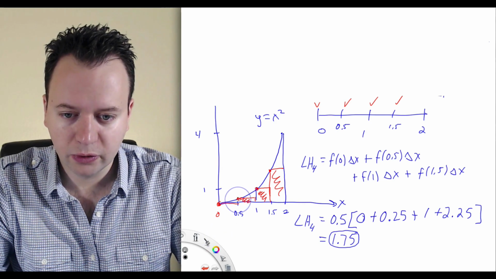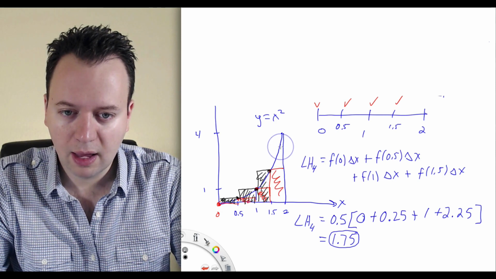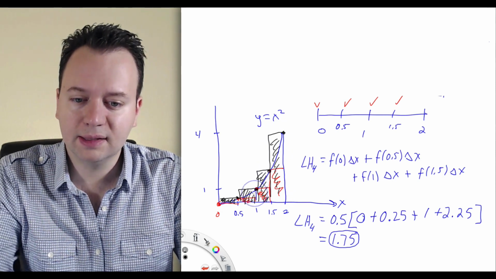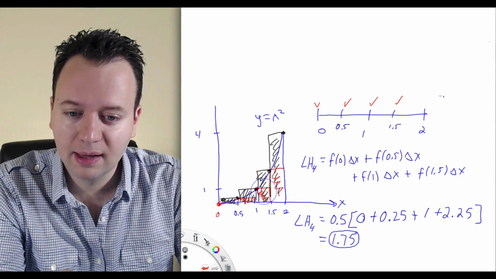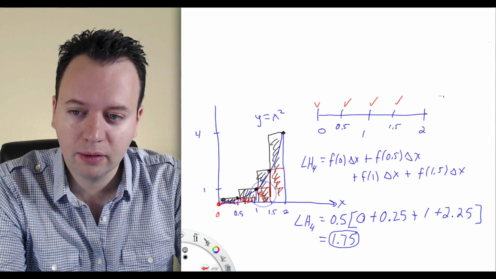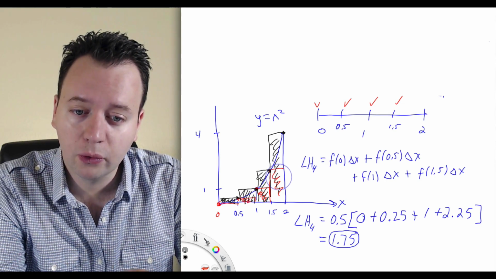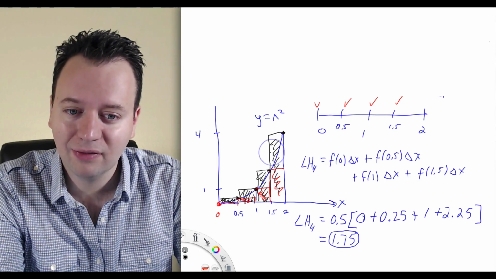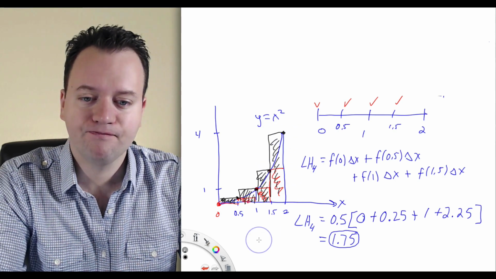So I'm going to use the right endpoint for the first subinterval, the right endpoint for the second subinterval, the right endpoint for the third subinterval, and the right endpoint for the fourth subinterval. Notice that this is like sliding the second rectangle of the left-hand Riemann sum 1 to the left, sliding the third rectangle 1 to the left, sliding the fourth rectangle 1 to the left, and then adding a new rectangle with height equal to f of b.